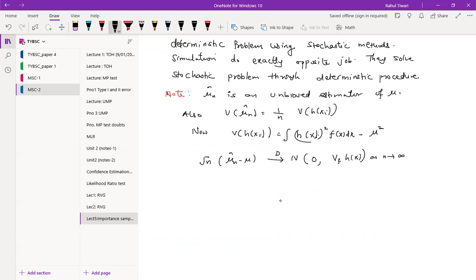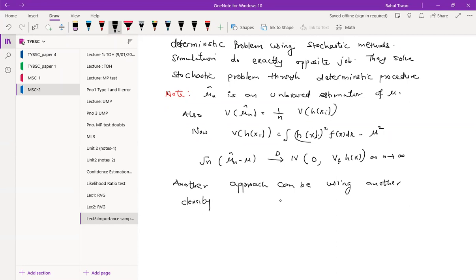The other approach is, now another approach can be using another density function.